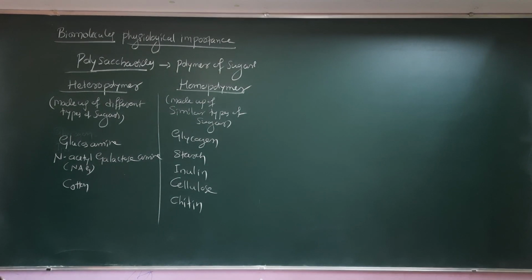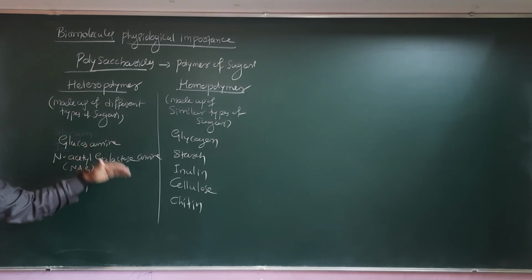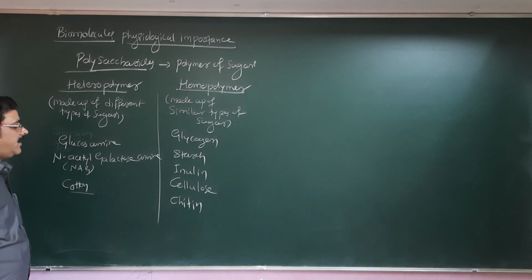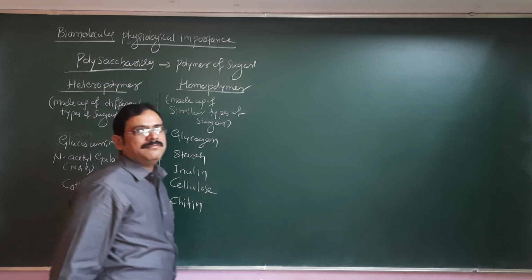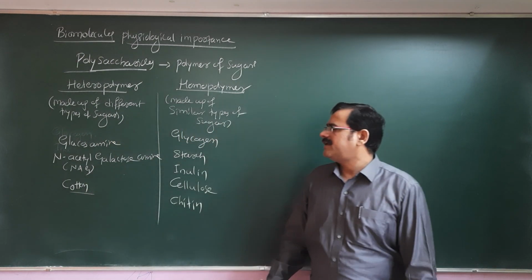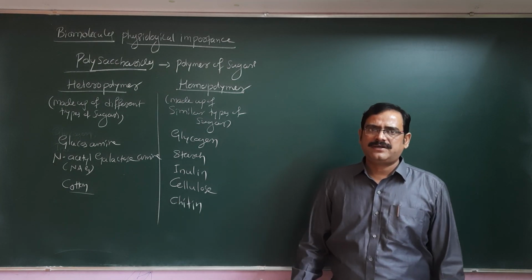So why do we call these heteropolymers? Because of having different types of sugars making a long chain. So glucosamine, N-acetyl galactosamine and even cotton can be heteropolymers.